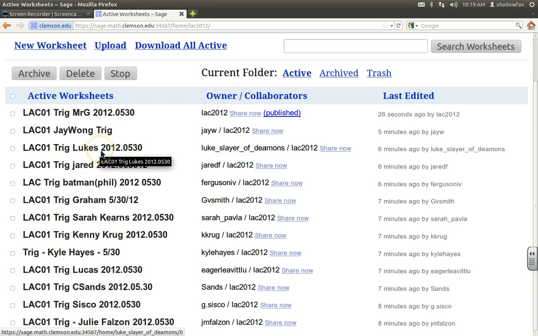Luke, Jared, Phil, Graham, Sarah, Kenny, Kyle, Lucas, Chris, Greg, and Julie. So George and Becker out. Lucas was here. Julie was here. Phil was here. Jared was here. Matt was not. Kyle was. Sarah was. Kenny was not. Dan was.